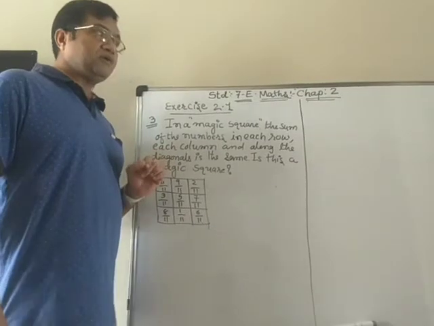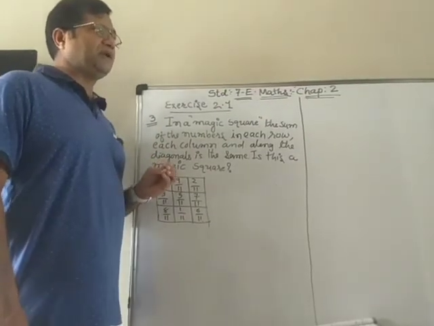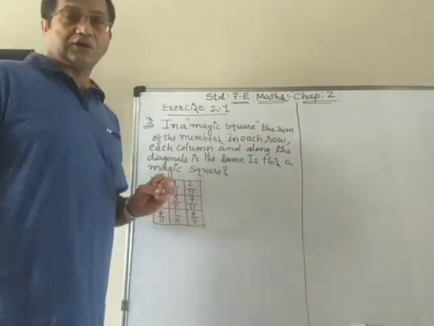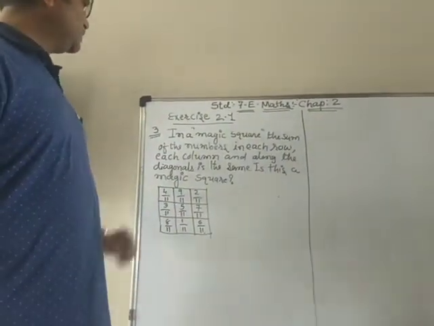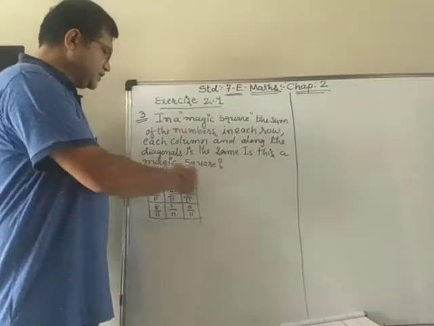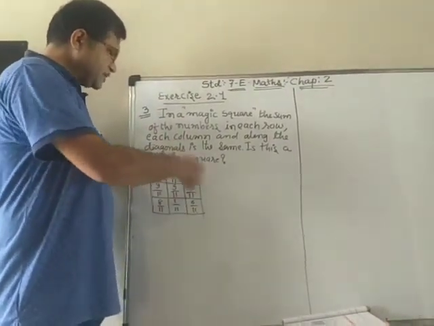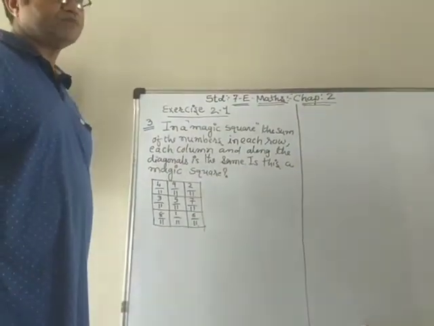The second question also I gave you because it was very simple to arrange them in descending order. Now the third question: here there is a square in which there are 3 rows and 3 columns.